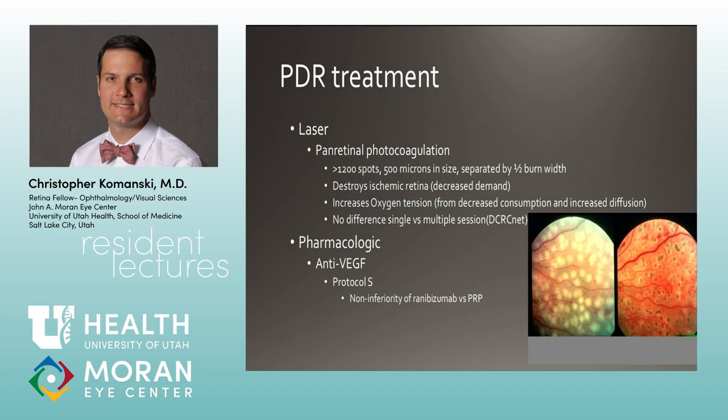But the idea here is that you're destroying the ischemic retina and the peripheral retina, which is not as valuable to the patient. And hopefully what you're causing is a decrease in oxygen demand of the total retina.